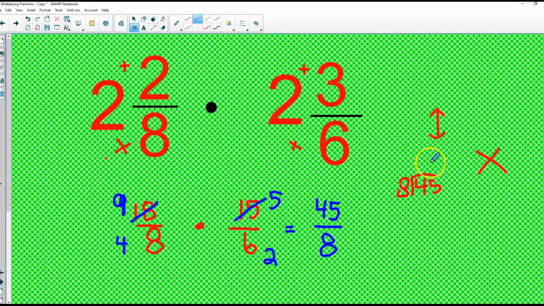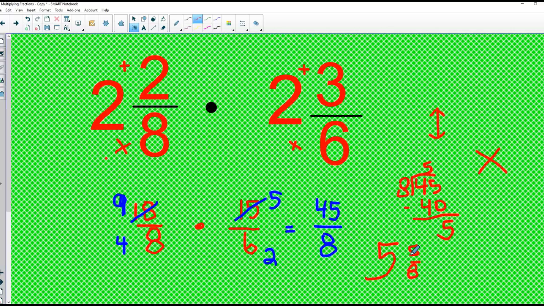The closest I will get is times 5, which is 40. And we have 5 left over when we subtract. So my fraction is, this is your whole number, 5. Denominator stays the same, 8. And in this case, we have 5 left over.